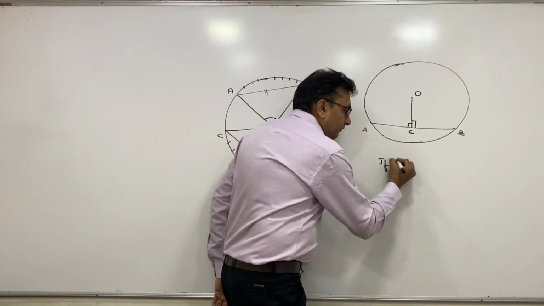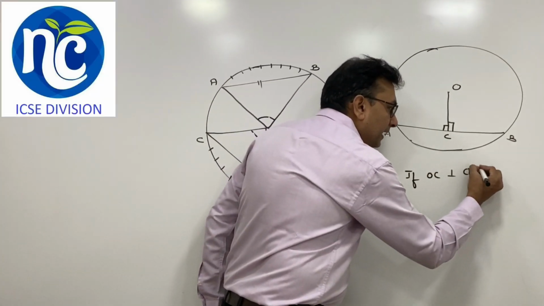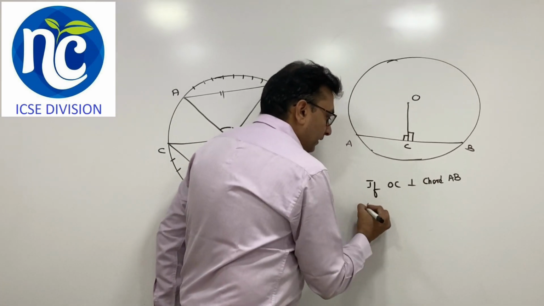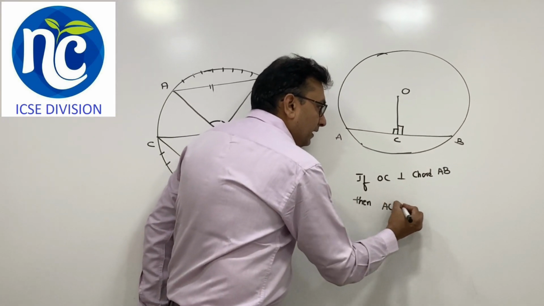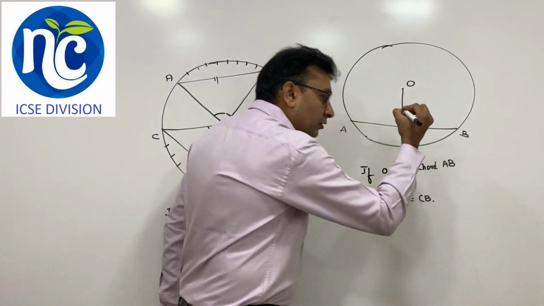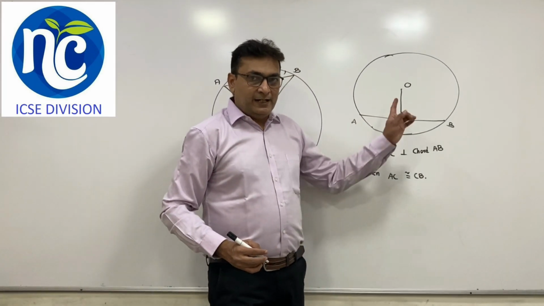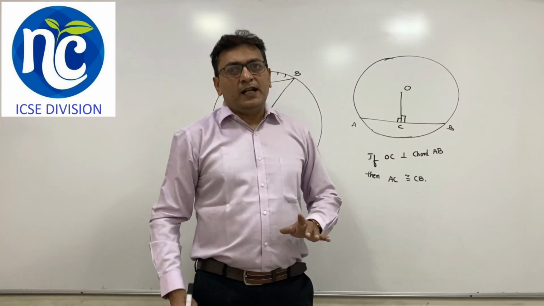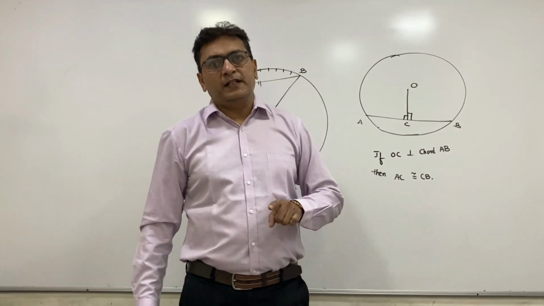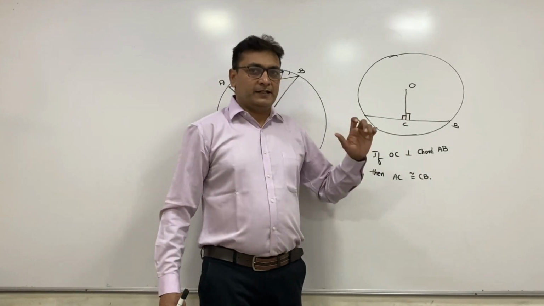Means if OC is perpendicular to chord AB, then AC would be equal to CB. I repeat, the perpendicular line drawn from the center of a circle to the chord bisects the chord.